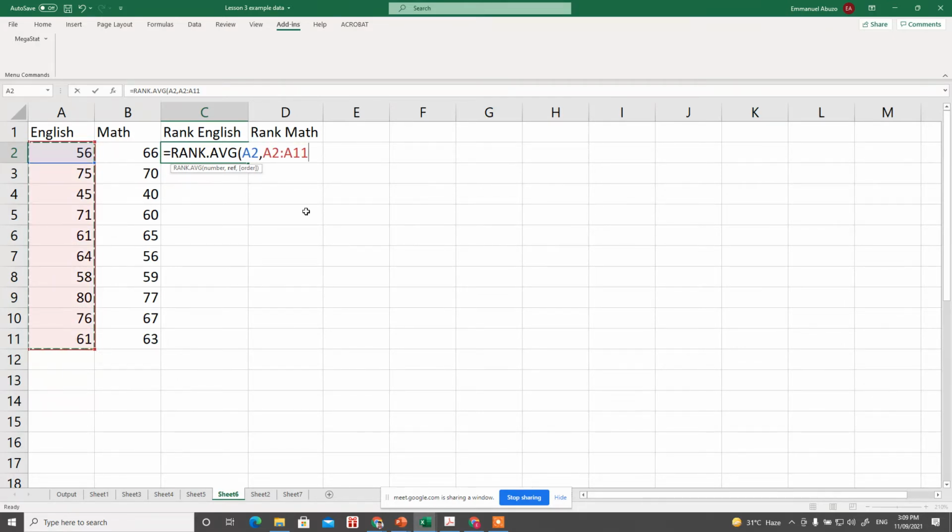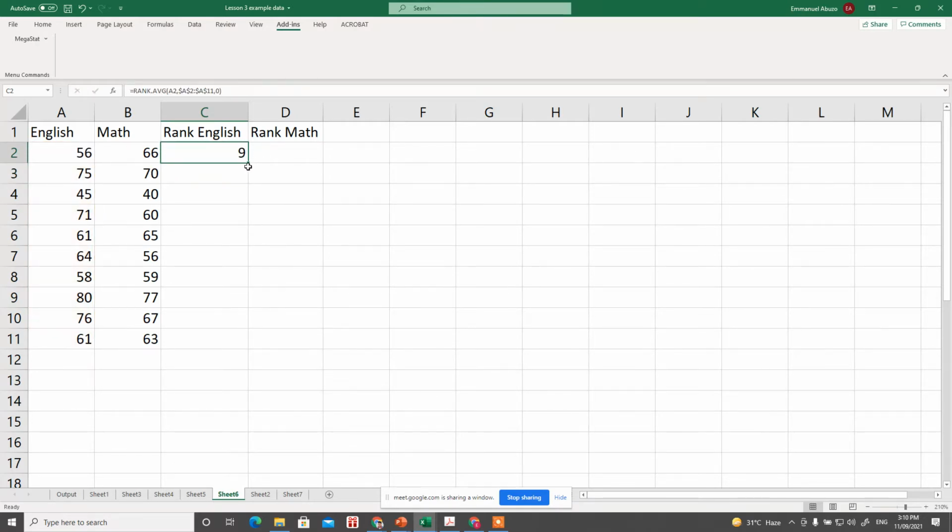Take note that we have this range of the reference. We are going to place a dollar sign here so that as we move our formula, these references will not move. Comma, order, it could be ascending or descending, either of the two will do. Close.